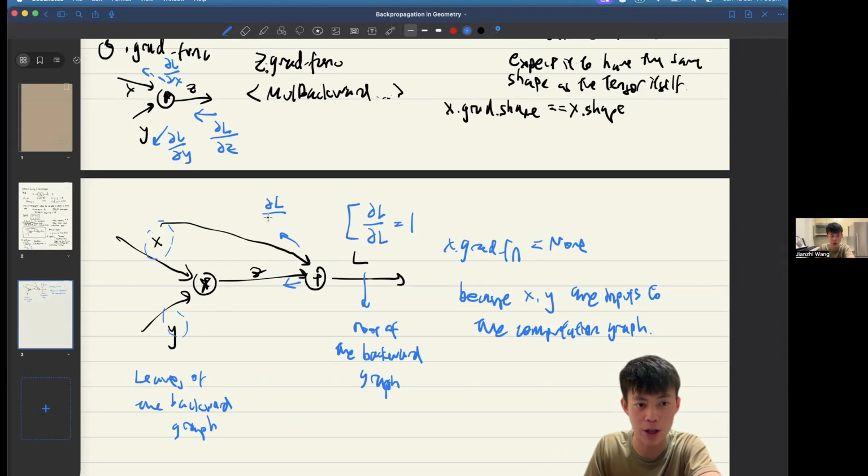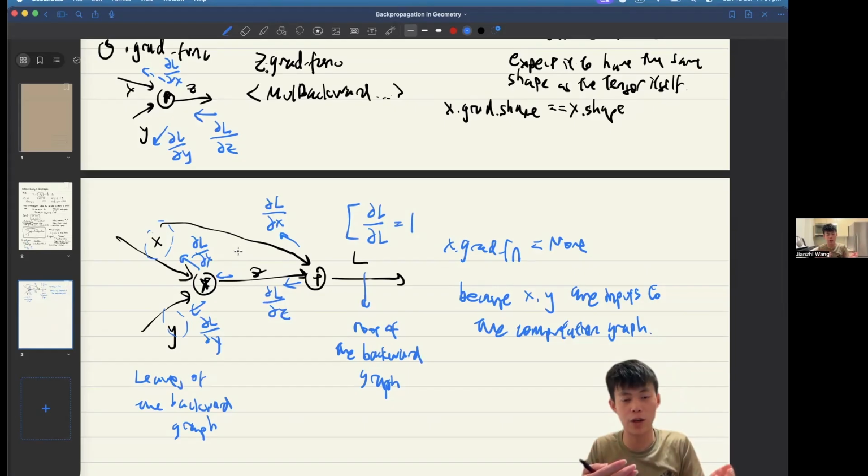It will have partial L over partial X, and partial L over partial Z. When it is feeding into this multiplication operator, it will backpropagate again, giving partial L over partial X and partial L over partial Y. From this view, it is really starting at the root, which is the loss tensor, and backpropagating it to the leaf tensors, which are the inputs. And the leaf tensors are usually the trainable parameters of the neural network.